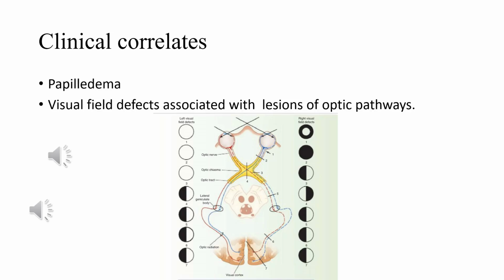Either this is the nasal visual field or the temporal visual field, and these losses of field of vision are called hemianopias. That means that either the nasal field of vision is lost or the temporal field of vision. Half the field of vision is lost.